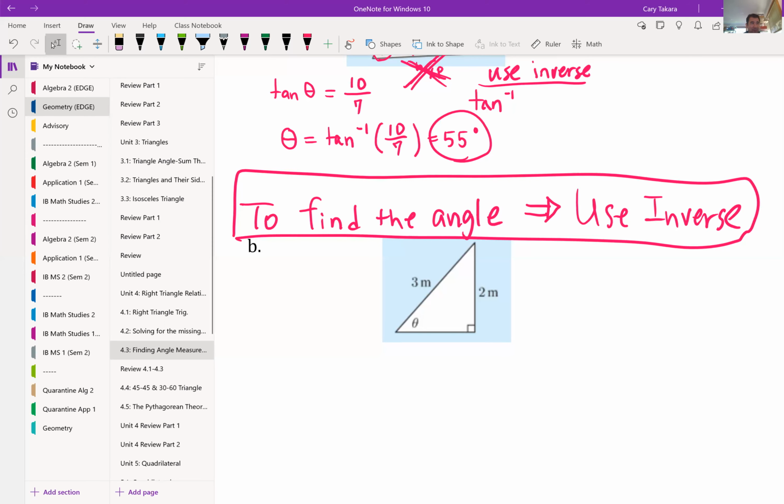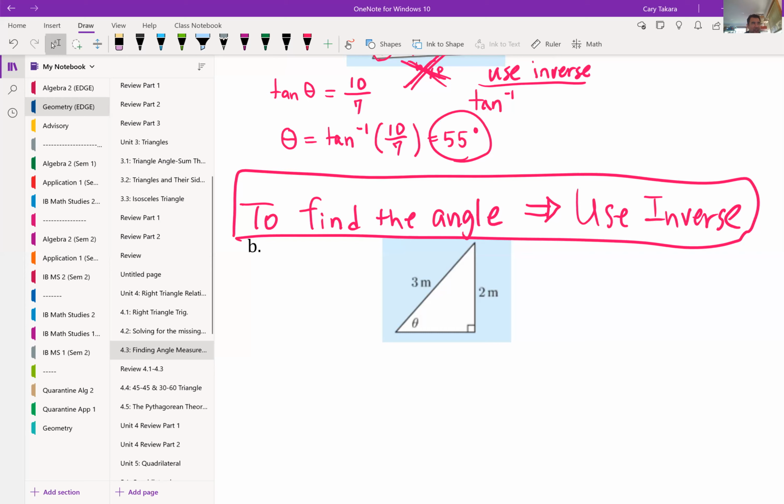Nice job. Anybody else? That's right, this is a sine problem. Very good. That means you have to be using inverse sine. I want to see one more answer.